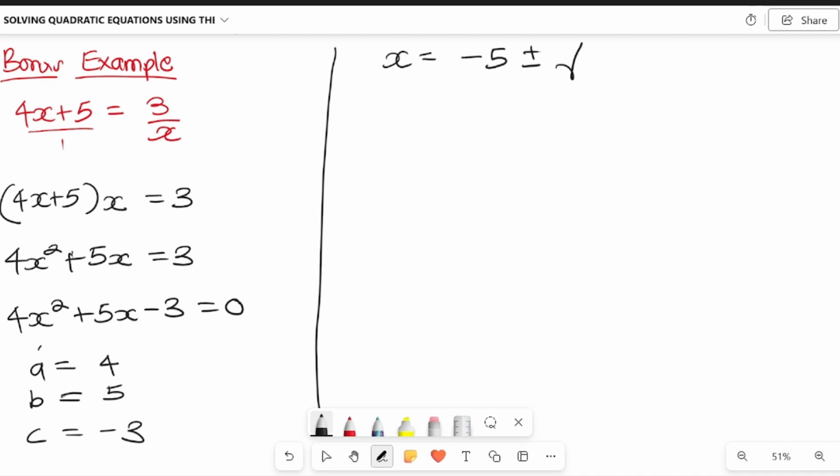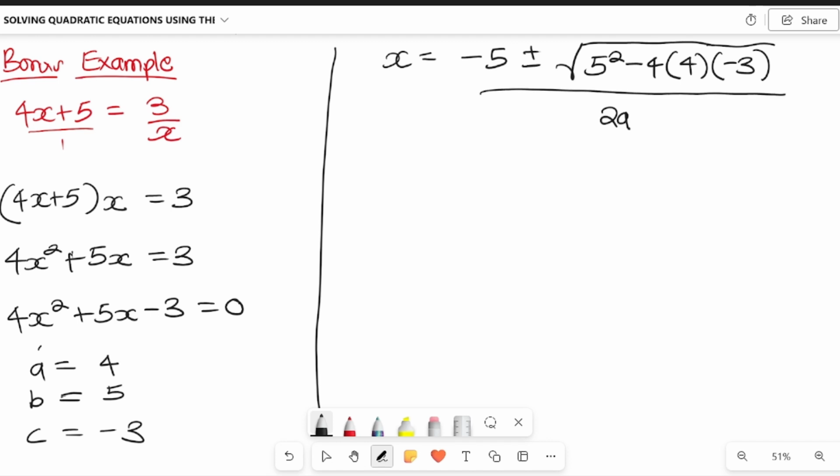Placing those in our quadratic equation, we'll have x is equal to negative b, which is negative 5, plus or minus square root of b squared, which is 5 squared, minus 4 times a, which is 4, times c, which is negative 3, all over 2a. Now let's work out what's inside the square root.